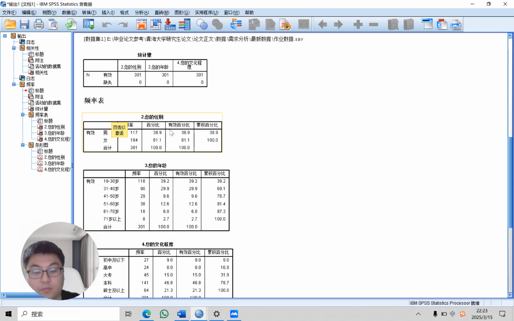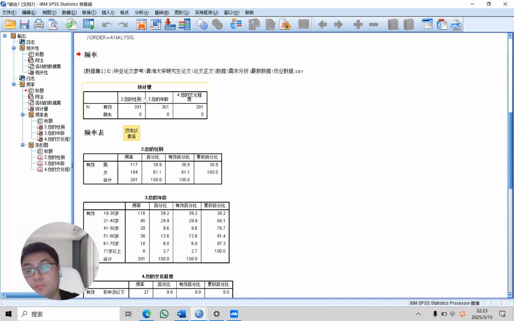The result will display some relevant information about your variables, such as gender, age, and educational level.